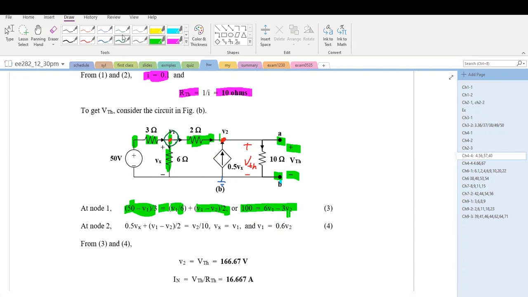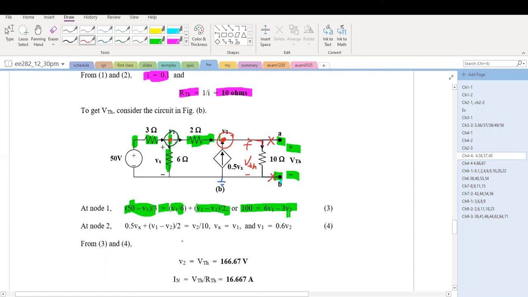Now let's look at node 2. Current flow into this node equals current flow out of this node. Remember, this is the open terminal, nothing flows here. So the current flow in this branch is the same as the current flow in this branch.